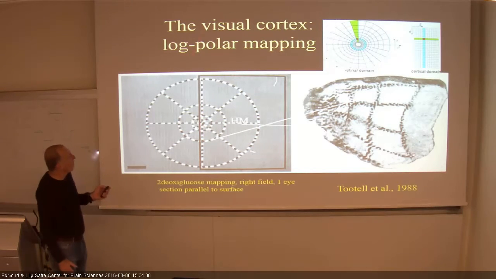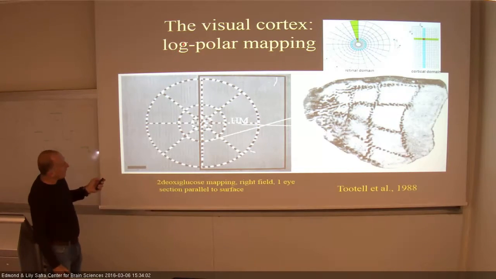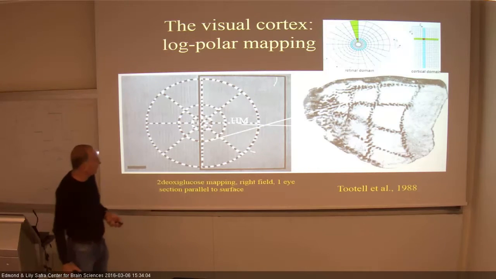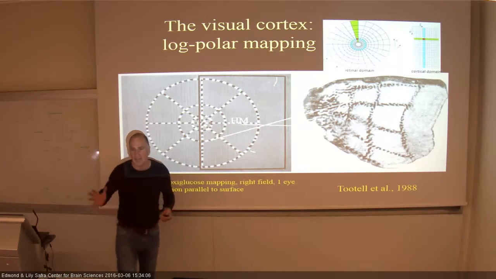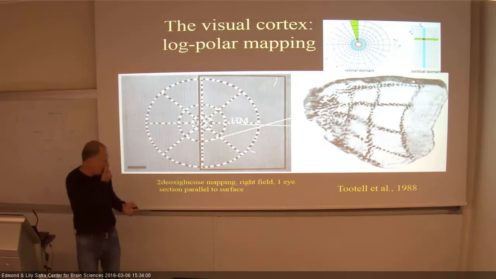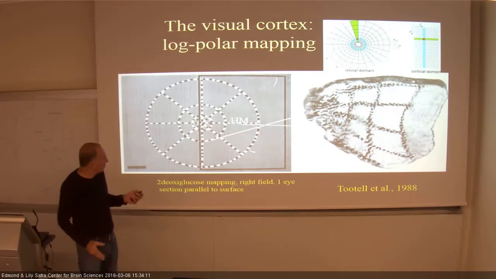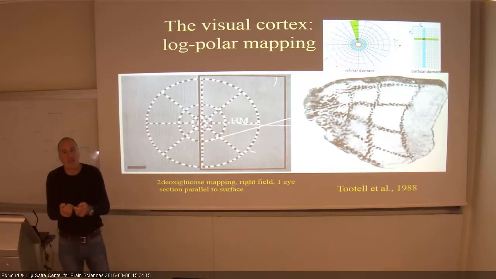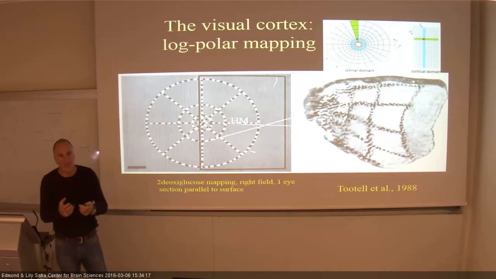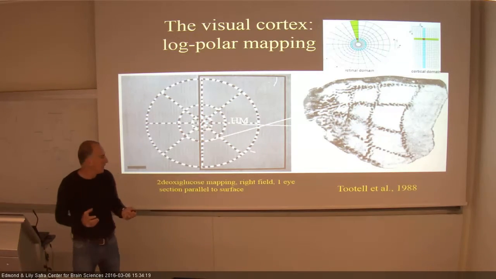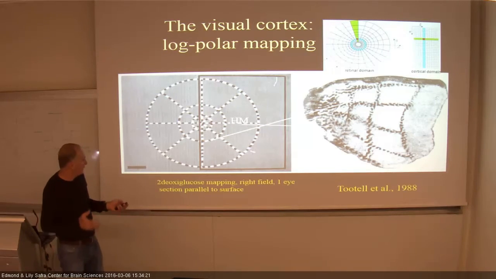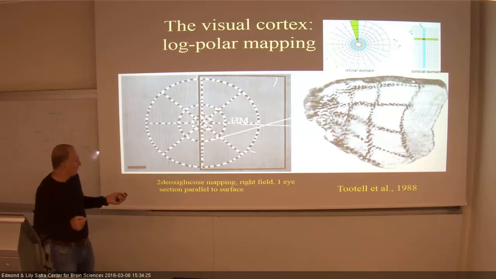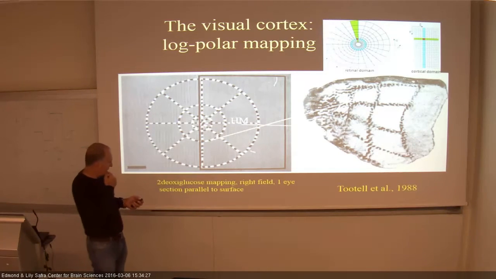This is a little later, Roger Tootell in the 1980s. What they did is a technique called 2-deoxyglucose mapping. The idea is that you use a sort of glucose which gets stuck in one configuration and doesn't break down, so you cannot utilize it for ATP usage.